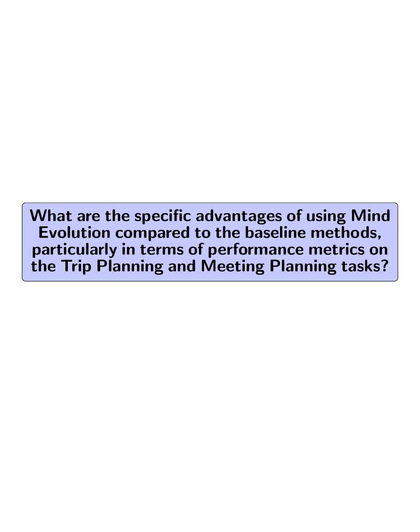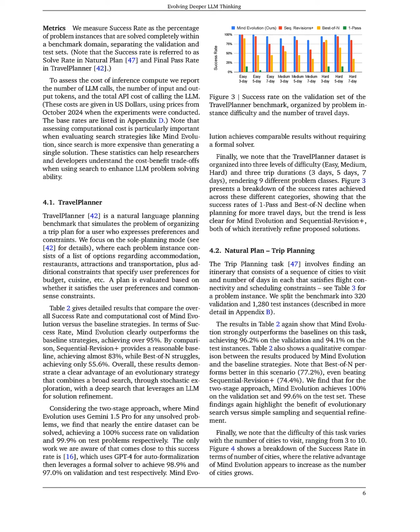What are the specific advantages of using mind evolution compared to the baseline methods, particularly in terms of performance metrics on the trip planning and meeting planning tasks? Mind evolution demonstrates significant advantages over baseline methods in both the trip planning and meeting planning tasks, particularly in terms of success rates.